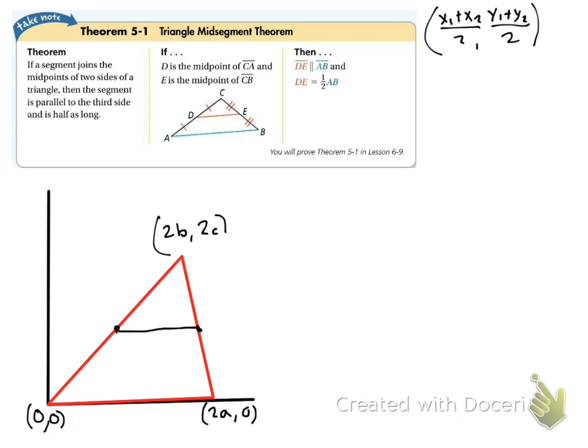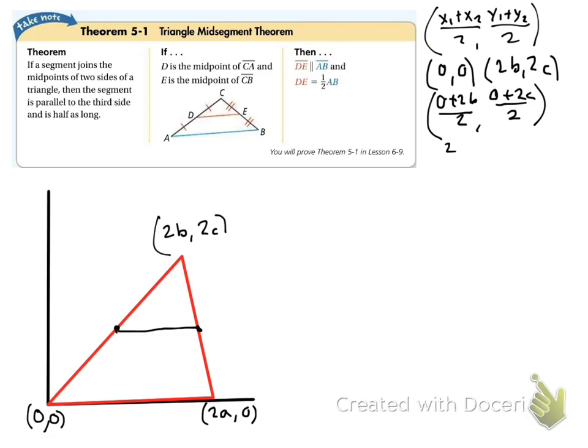So we'll use that with the points 0, 0 and 2b, 2c. So I get 0 plus 2b over 2, comma, 0 plus 2c over 2, which turns out to be 2b over 2, comma, 2c over 2, which is just b, comma, c. So the midpoint on the left is b, comma, c.